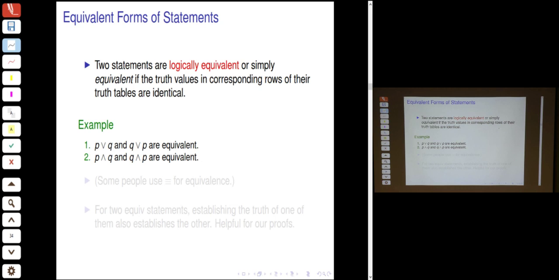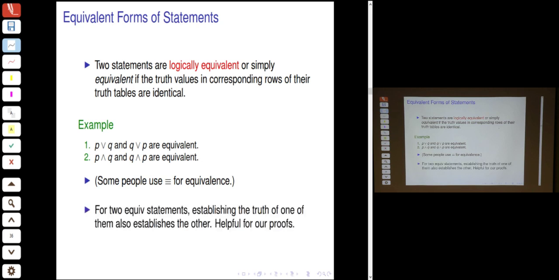They are not the same formula, right? If you look at symbols, the first one starts with P, the second one starts with Q. But as far as the truth is concerned, they give you the same truth value. So they are equivalent. Similarly, P and Q and Q and P are equivalent. Some people use this symbol for equivalence.